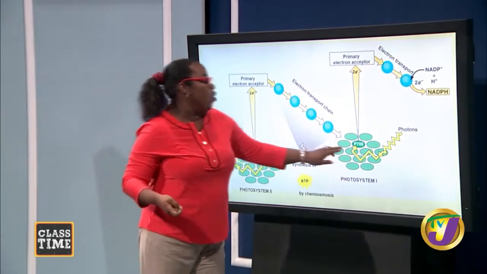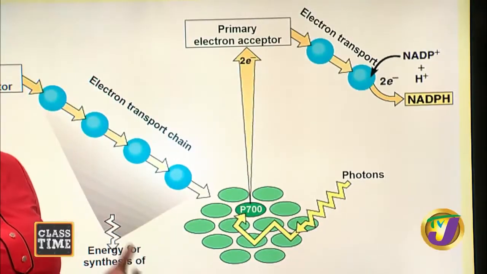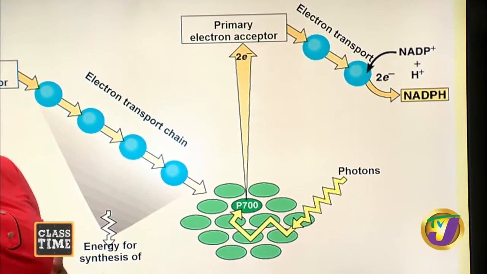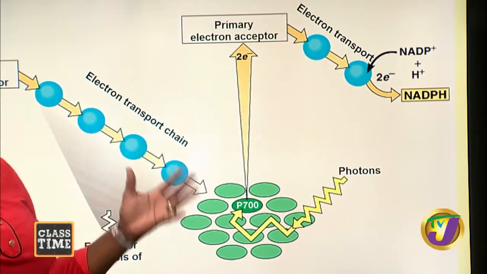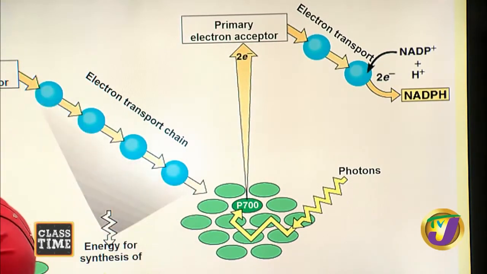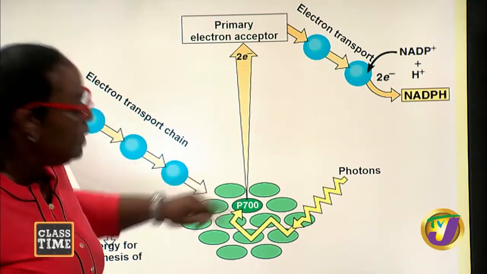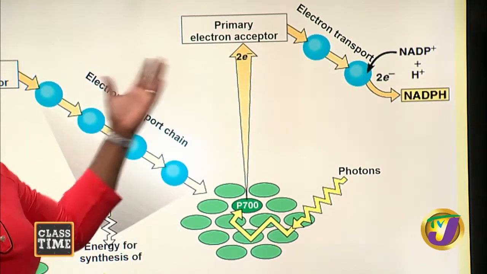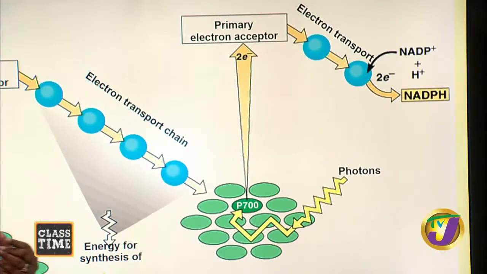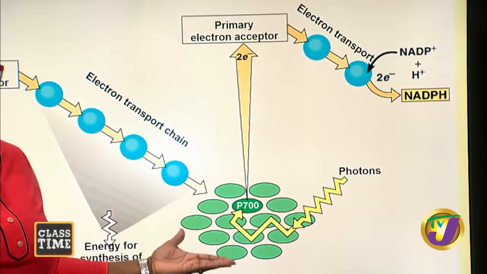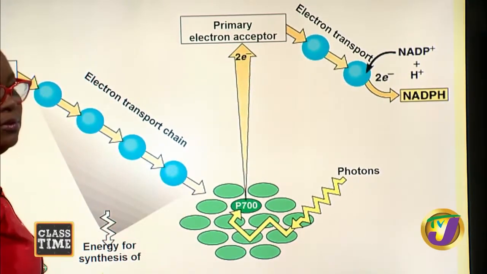Now, when this P700 loses those 2 electrons to a higher energy level, the P700 now wants back its electrons just like P680. But this time, P700 doesn't have water to help it out.